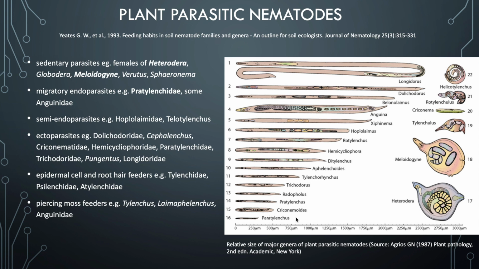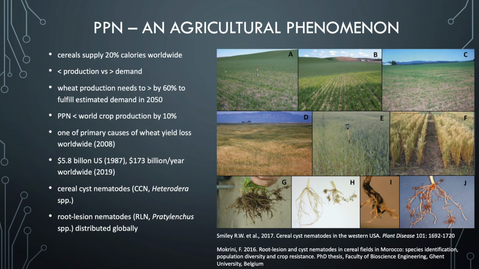So we can see here Pratylenchus, which we'll also talk about, is very tiny in comparison to some of the larger plant parasitic nematodes. So these are the three groups that we'll look at because they are the major agricultural parasites of crops, and they are the most economically significant out of all the different genera and species of plant parasitic or phytophagous nematodes.